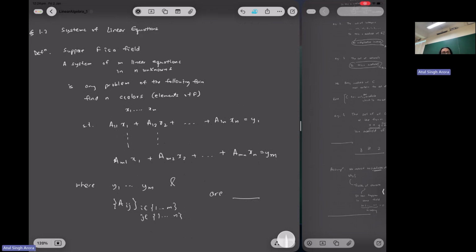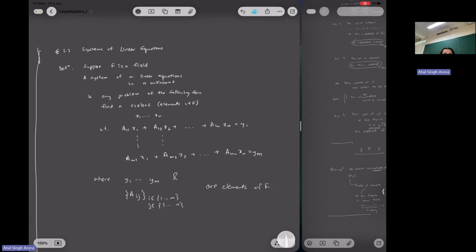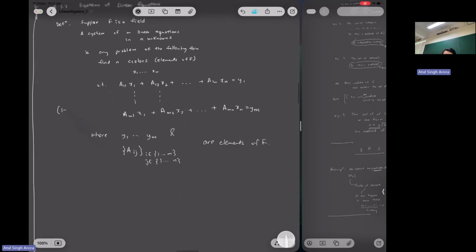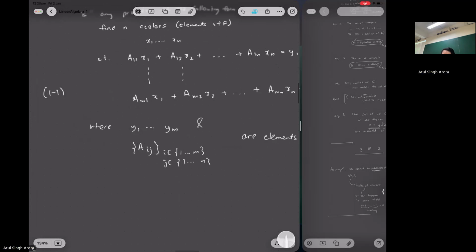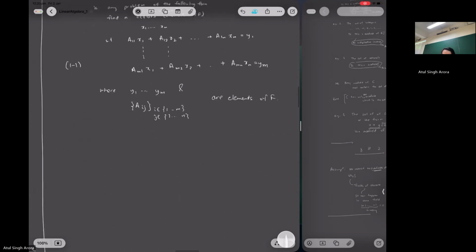Anyone else? Exactly, the elements of F. Is this making sense? All right, so we're going to call this equation 1-1.